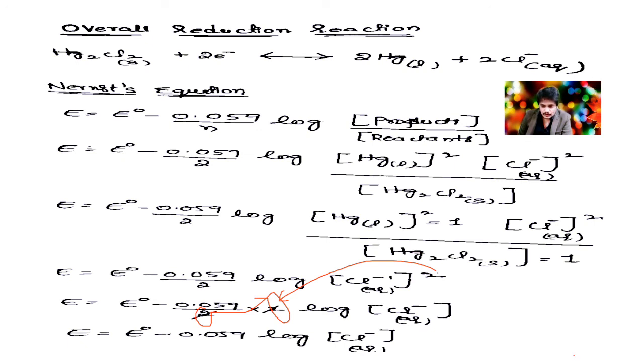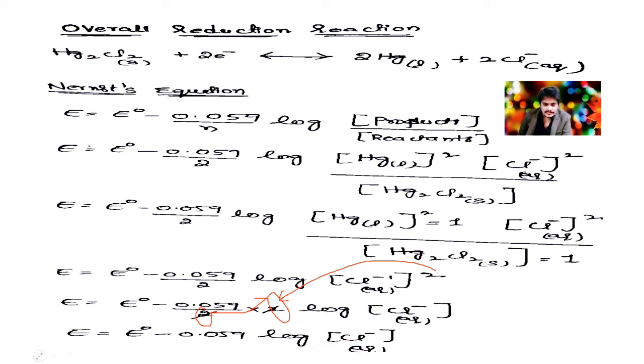And when the 2 gets cancelled, what is the leftover portion? It will be log Cl minus. So the final Nernst equation for this particular saturated calomel electrode is E equals E naught minus 0.059, because the 2s are cancelled, log Cl minus aqueous.